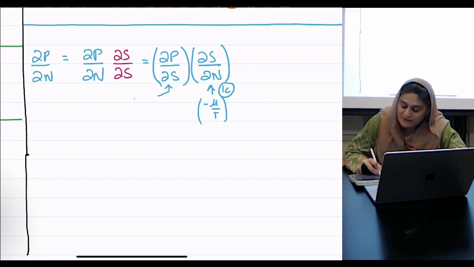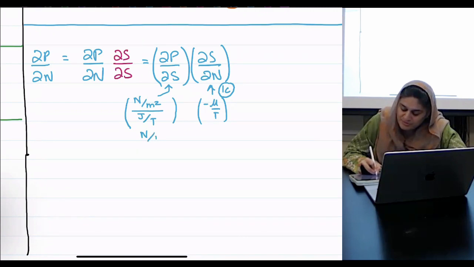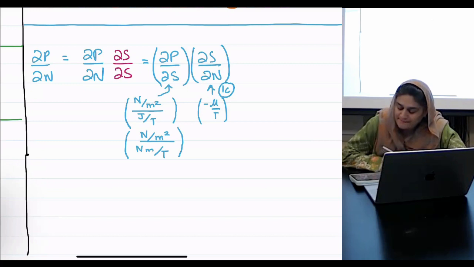Note what's going on. P is newtons per meter, and S is joules per T. This is now newtons per meter squared divided by Newton meters per T. Did you see that? That means newtons will go away.